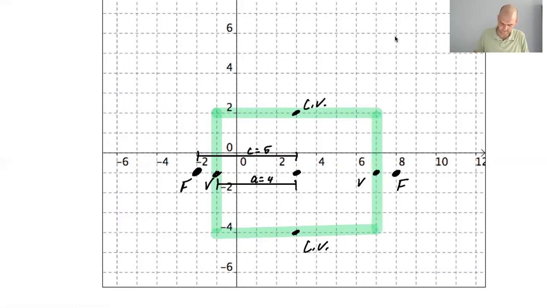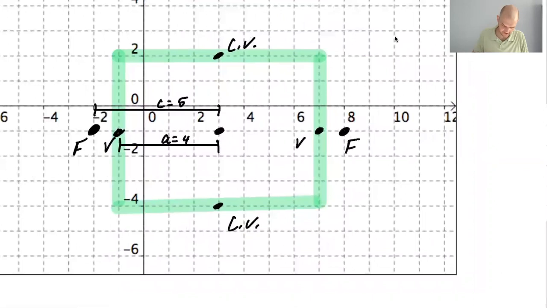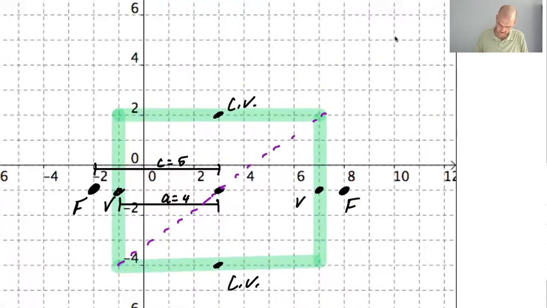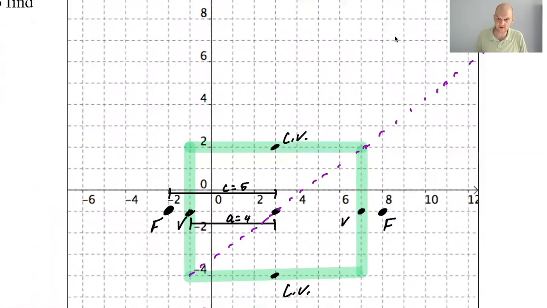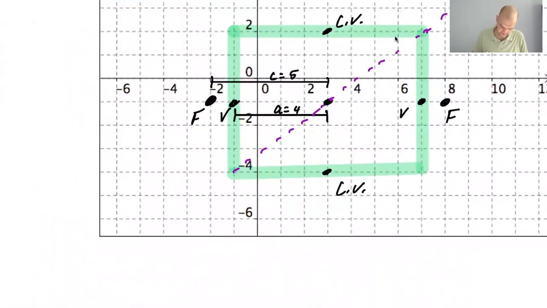Nice. Okay, so asymptotes, right? The asymptotes are going to be the diagonals of this box. So I'm going over 4 and up 3. Over 4, up 3. I'm aiming there. And then here, if I go down 3, back 4, 1, 2, 3, 4, down 3, and aim for that.